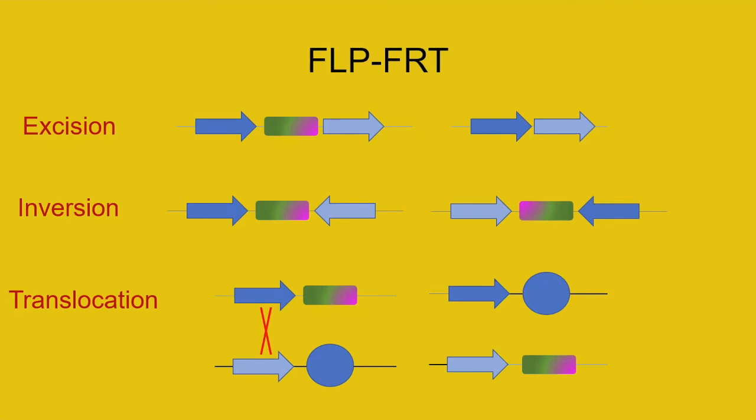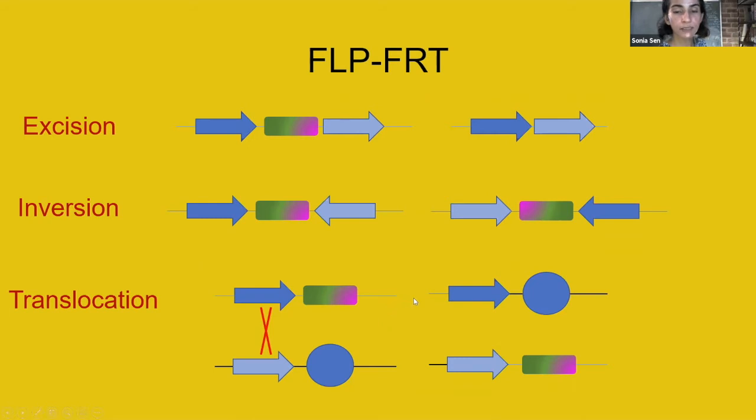Yes, Ankit? In translocation, are you flipping the entire arm or just a part of DNA? Anything downstream of that FRT site would get swapped. If the DNA sequence ended over here, this is all that would get swapped.